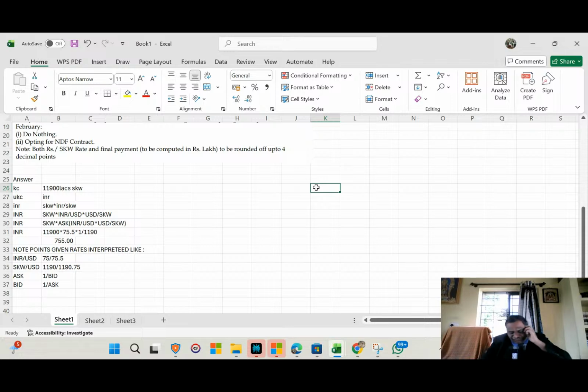I want 755 lakhs of INR to buy 11,900 lakhs South Korean won from the bank. If I want to buy 11,900 lakhs of South Korean won, I need to give the bank 755 lakhs of INR as on today. As on today, outflow.